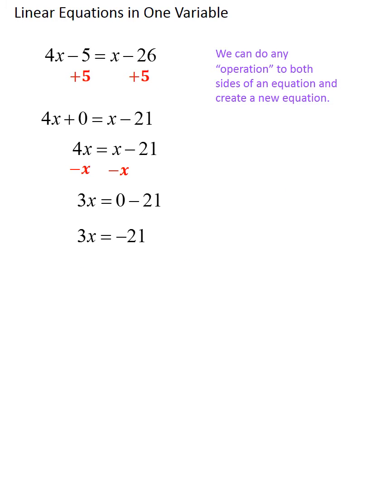So that's what motivates my choices. At this point, I could divide by -21, but I don't think that's advisable because I want to get x by itself. Rather, dividing by 3 is a good choice because that will isolate x and tell me my solution to the problem.